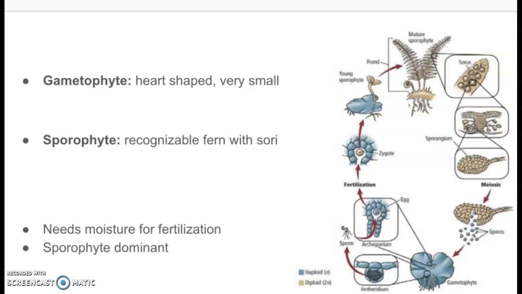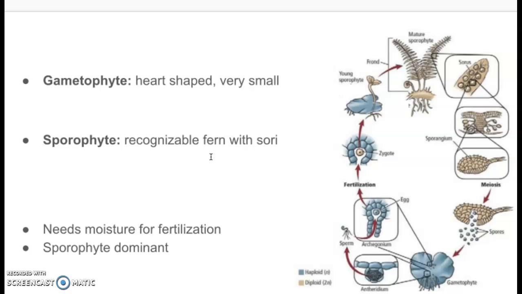Ferns here are completely the opposite. They spend most of their time in the sporophyte phase. When you walk outside, you would see the giant leaves of the fern, and you would see the little sori, the little circles on the back. That's the life of the sporophyte in terms of the fern.